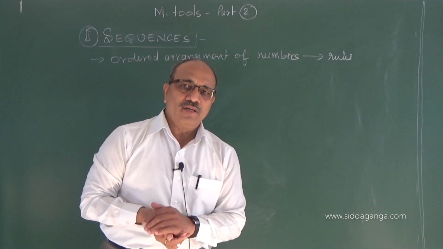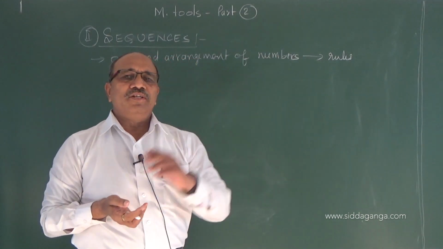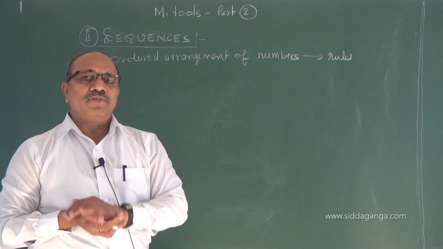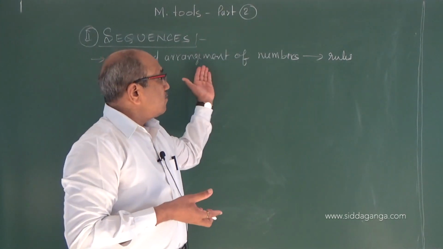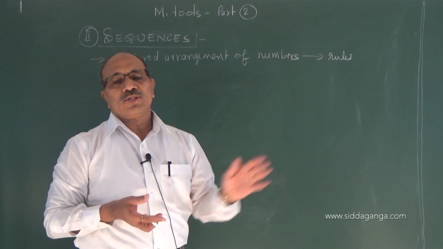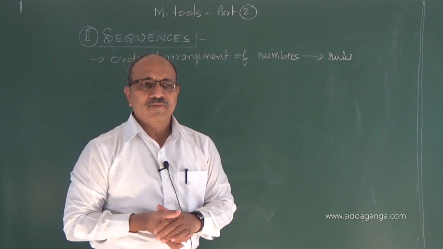Simply to say, either increasing order or decreasing order of the numbers. When we set these numbers, certain rules are followed to get the successive numbers.